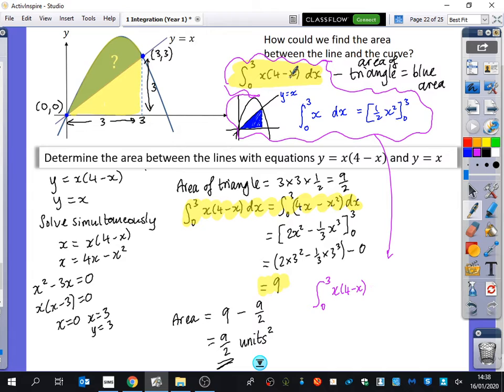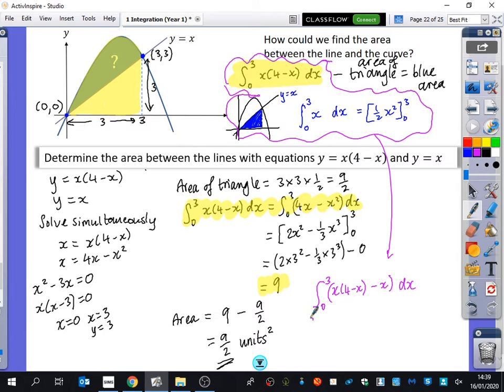I could combine these two things together, because I'm doing this area take away this area. It's the same as this minus this, all at once. With integration, if I'm doing them with the same limits, I don't have to work out that one with those limits and then that one with those limits. I could just do the whole thing.